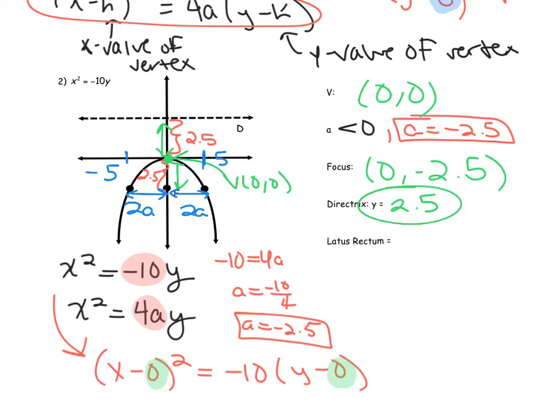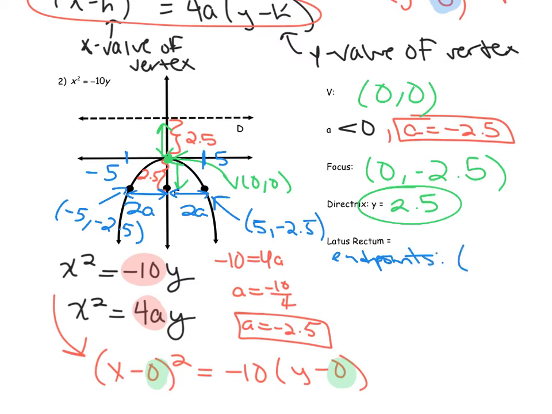So I'm looking at this point here being negative 5, negative 2.5, and this endpoint here being positive 5, negative 2.5. So those are my endpoints for the latus rectum. Let's write that out. We have negative 5, negative 2.5, and 5, negative 2.5.